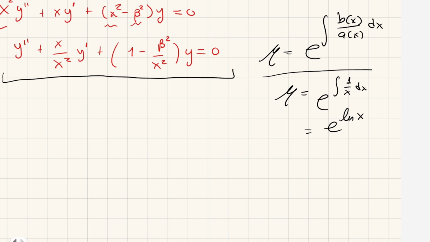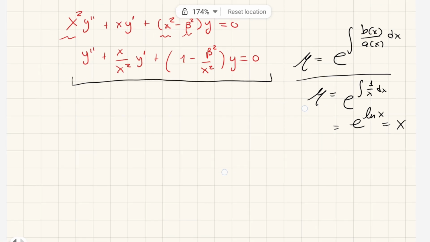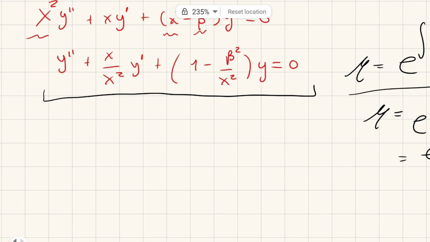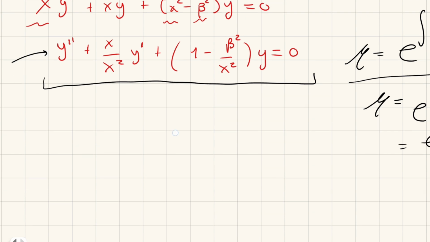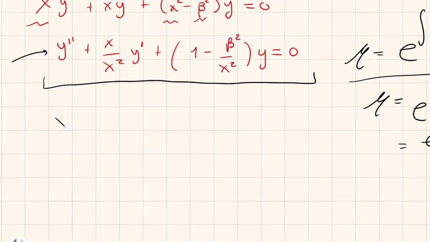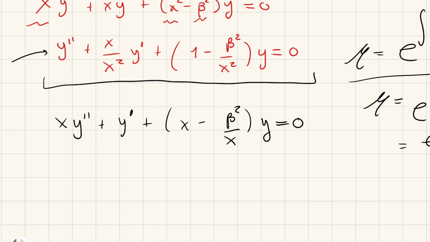We will take that constant to be equal to 0 to get just x. After having this structure, we can multiply by x to get x y double prime plus y prime plus (x minus beta squared divided by x) times y equals 0.